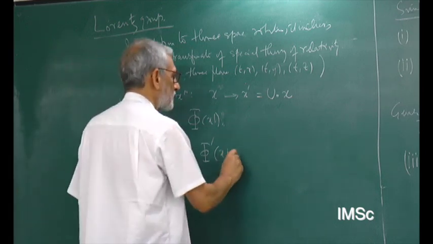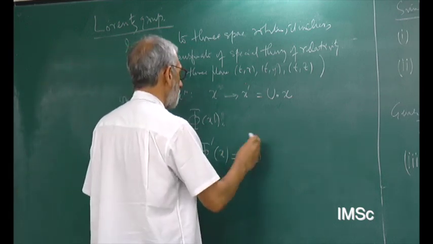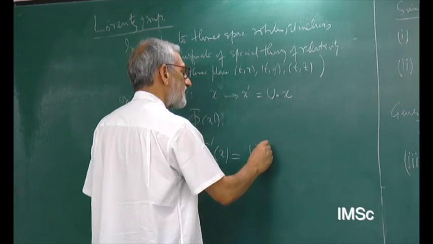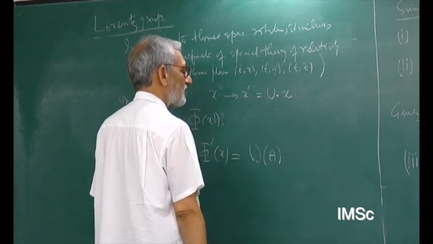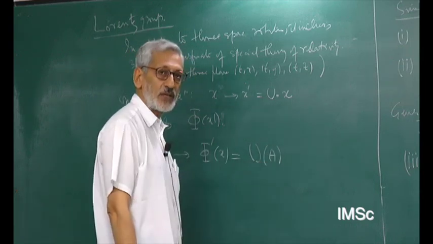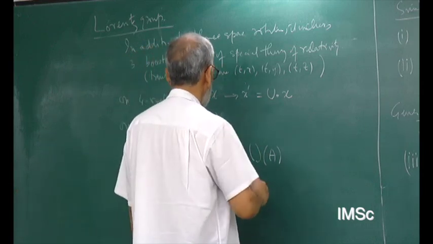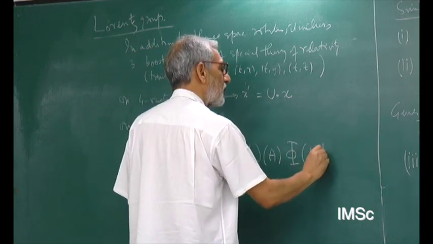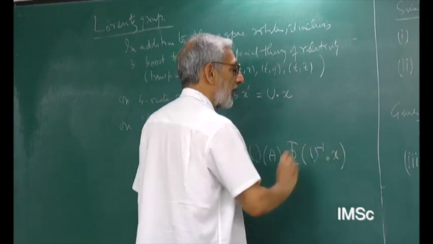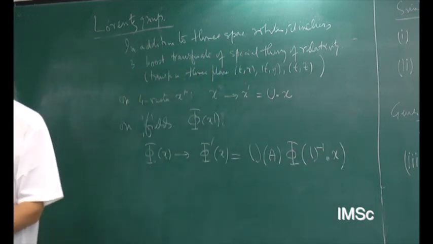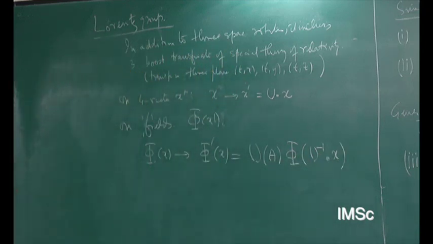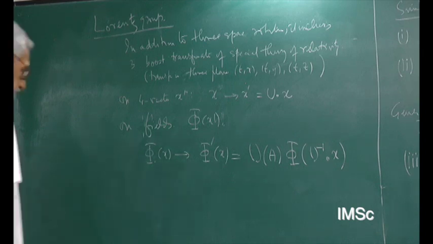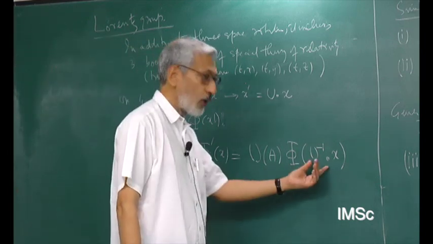Then it's some operator U, as a function of theta, the transformation parameters of the group, times phi of U inverse x.